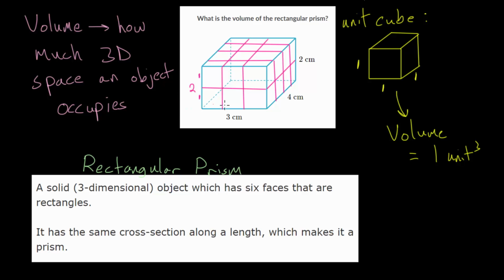Now notice that we split all of these side lengths into a length of 1 centimeter. So these are all 1 centimeter, these are all 1 centimeter. And what you can notice now is that you have a bunch of unit cubes. For instance, let's take this top right piece here. This is a unit cube.